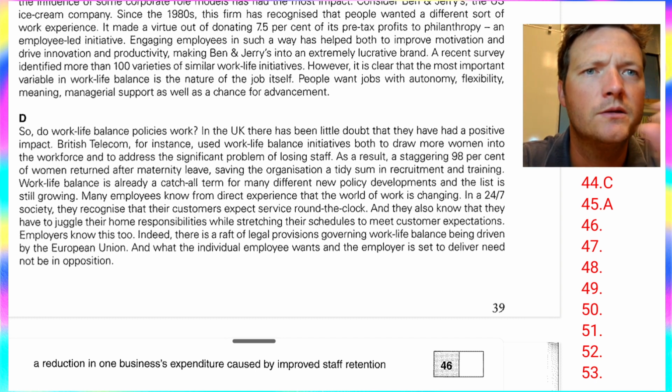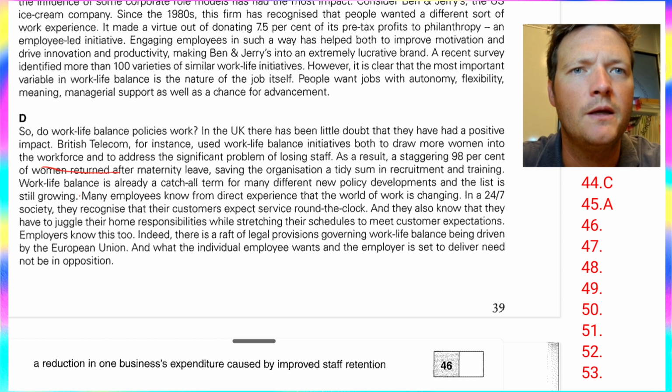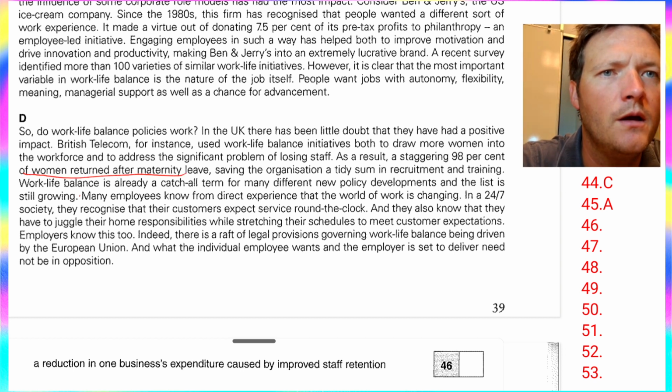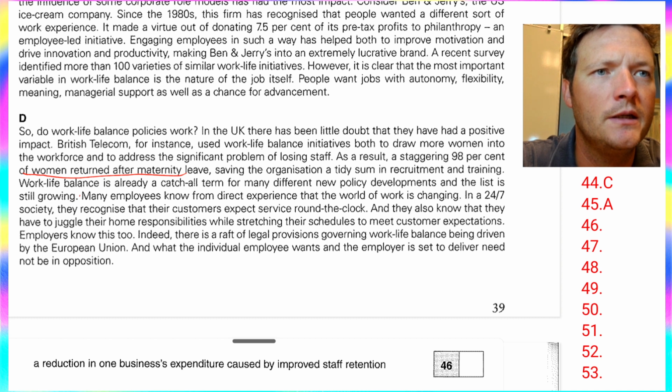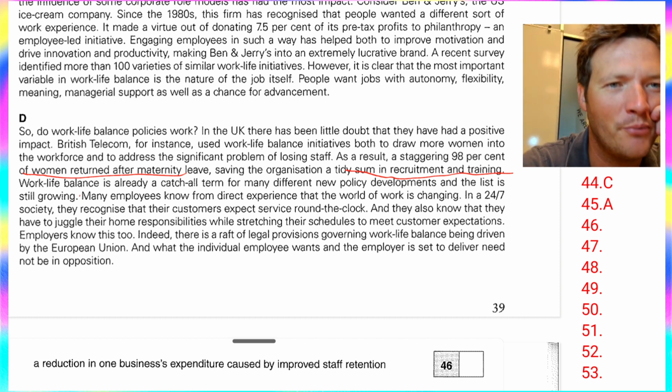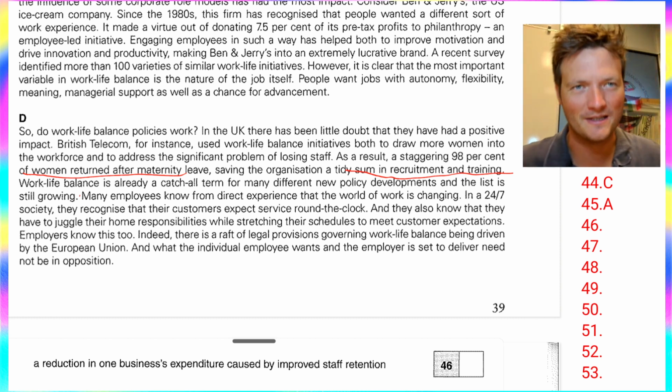So that there to me is the reference to retaining staff, saving the organization a tidy sum in recruitment and training. So the tidy sum is the amount of money that they saved, right? A reduction in one business's expenditure caused by improved staff retention. Yes, it's definitely D.